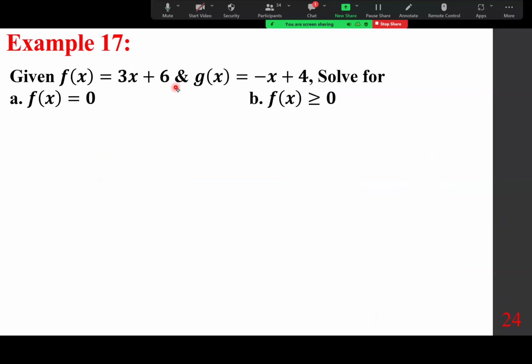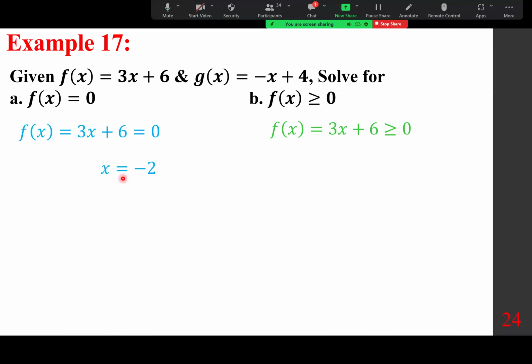Given f of x equals 3x plus 6 and g of x equals minus x plus 4, solve for f of x equal to 0. Well, set this equal to 0. Move the 6, divide by 3, and x becomes negative 2. This is elementary, okay, everybody? f of x is greater than or equal to 0.